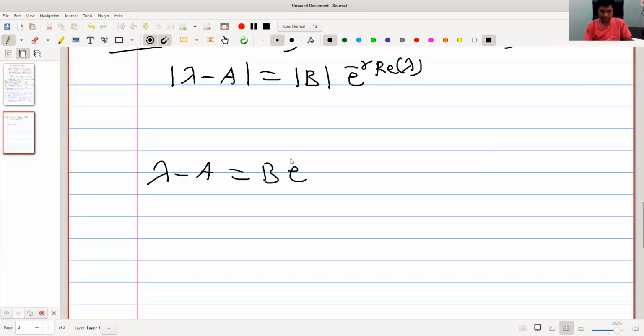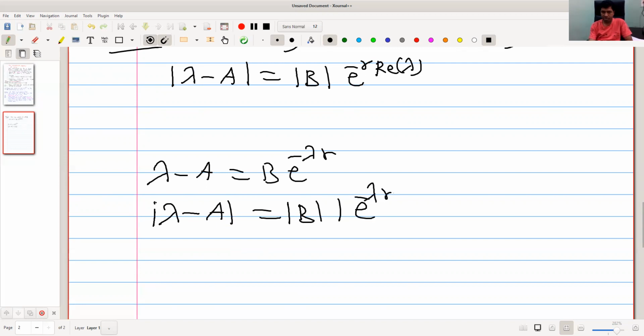If we take absolute value on both sides, the left hand side is the absolute value of lambda minus a, and the right hand side is the absolute value of b, which is a real number so it is the usual modulus, times the absolute value of e raised to minus lambda r.